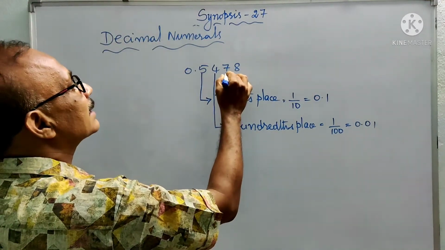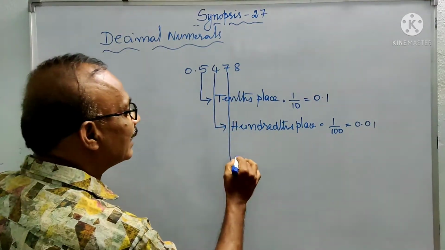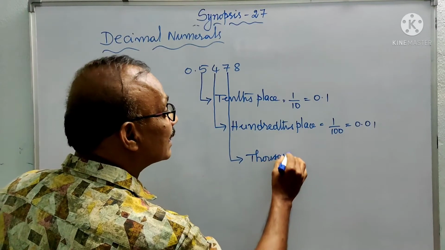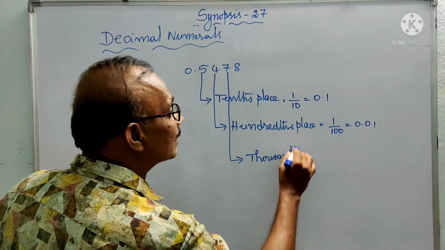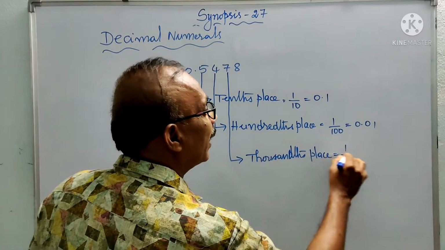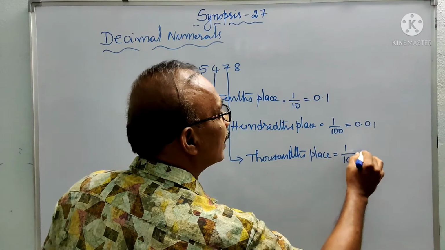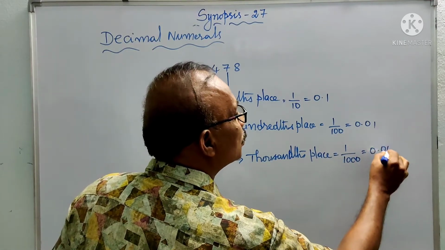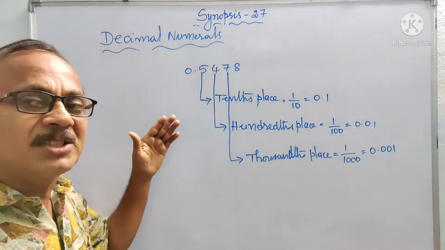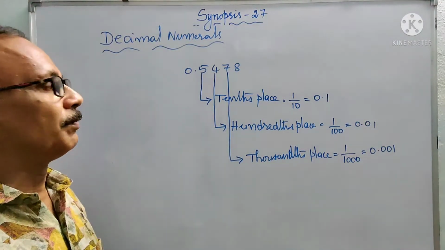And 7 is in the thousandths place, which is 1 by 1000, that is equal to 0.001. So these are the different place values you have in the decimal system.